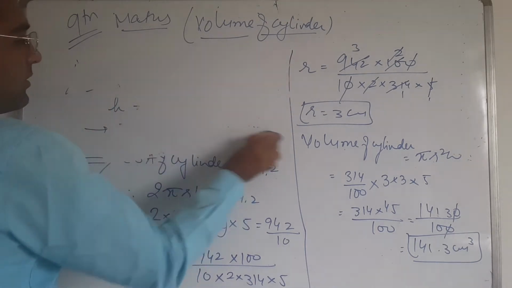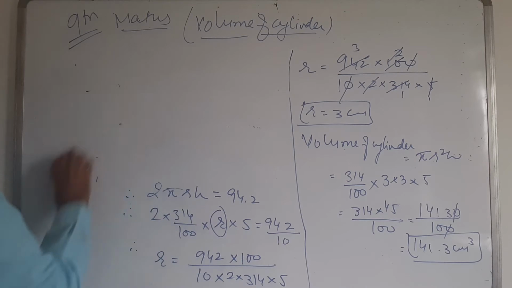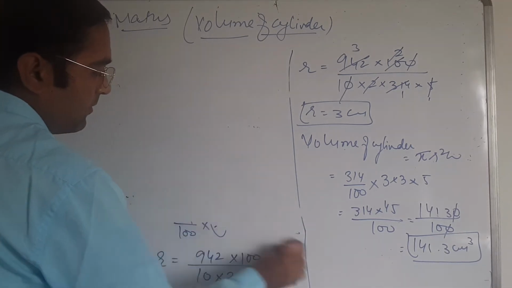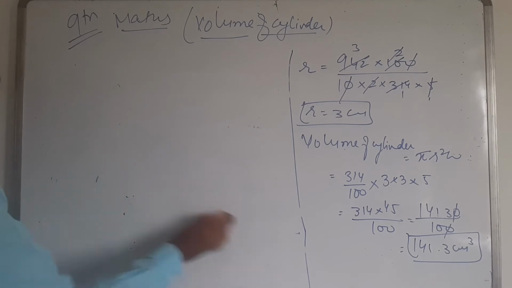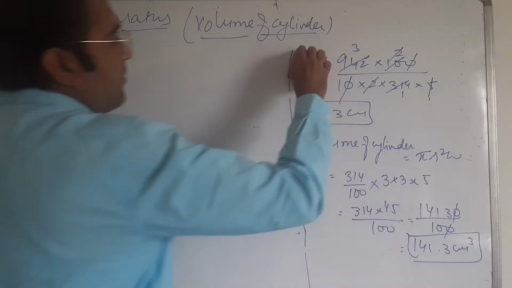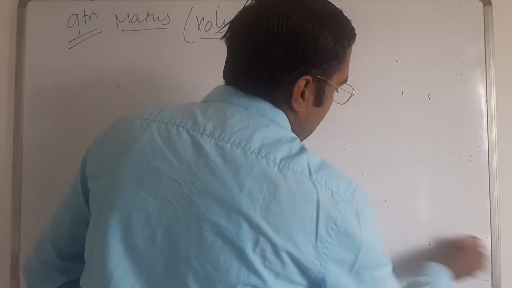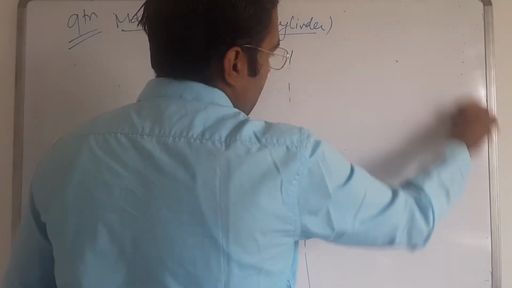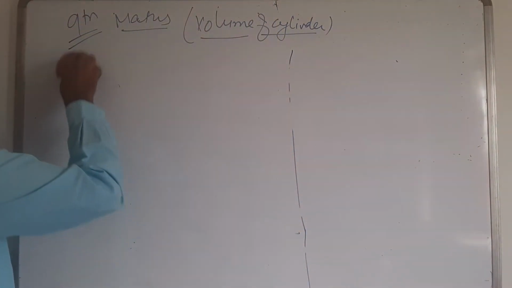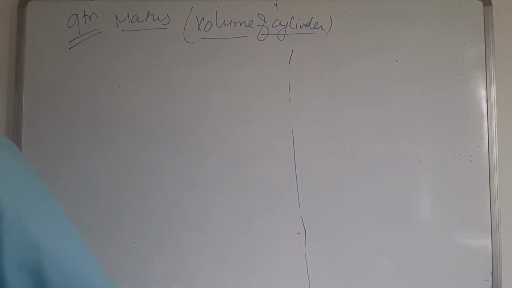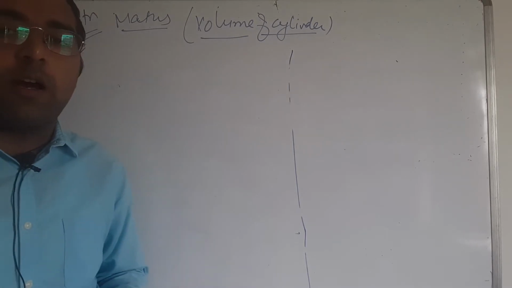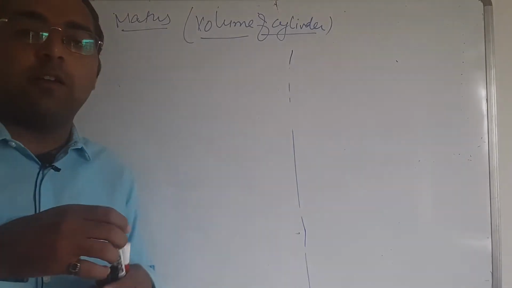Now we have to move to the second question. My second question is that the capacity of a closed cylindrical vessel of height 1 meter is 15.4 liter. Here a closed cylindrical vessel is given.